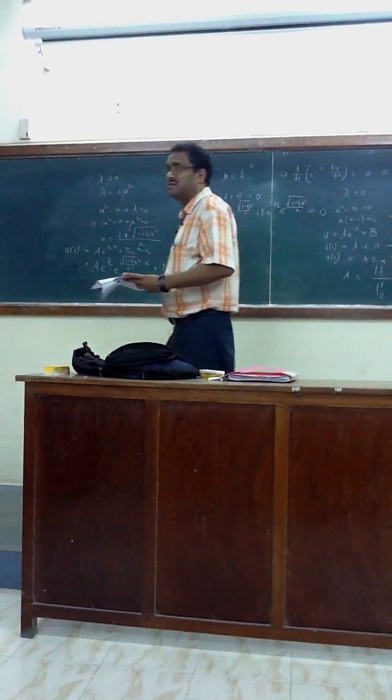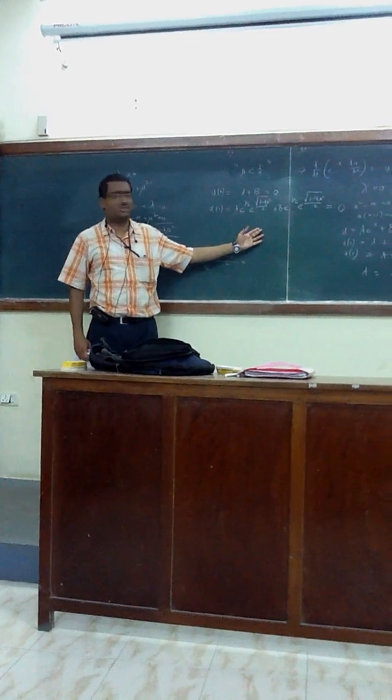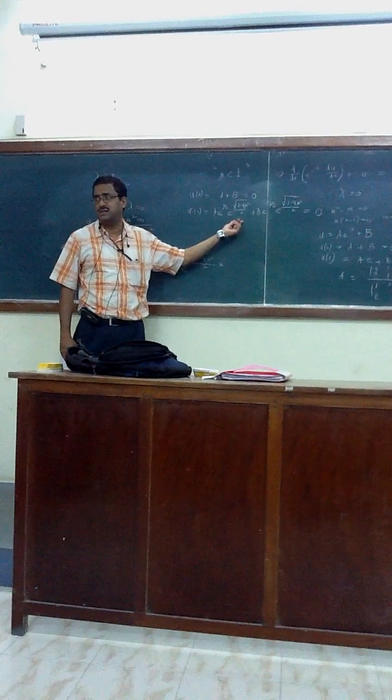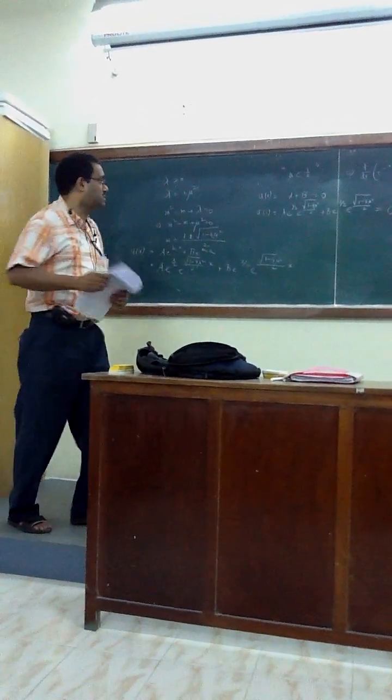Am I correct? The equations will remain intact, because if mu is less than half, the sign will not change. If mu is negative, the sign will change. Okay? And then all the magic will start.